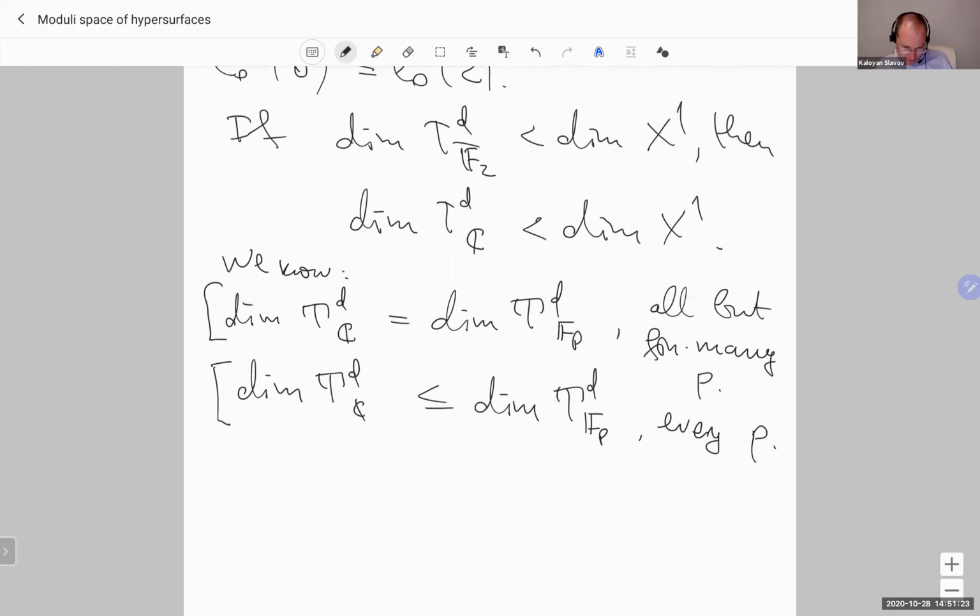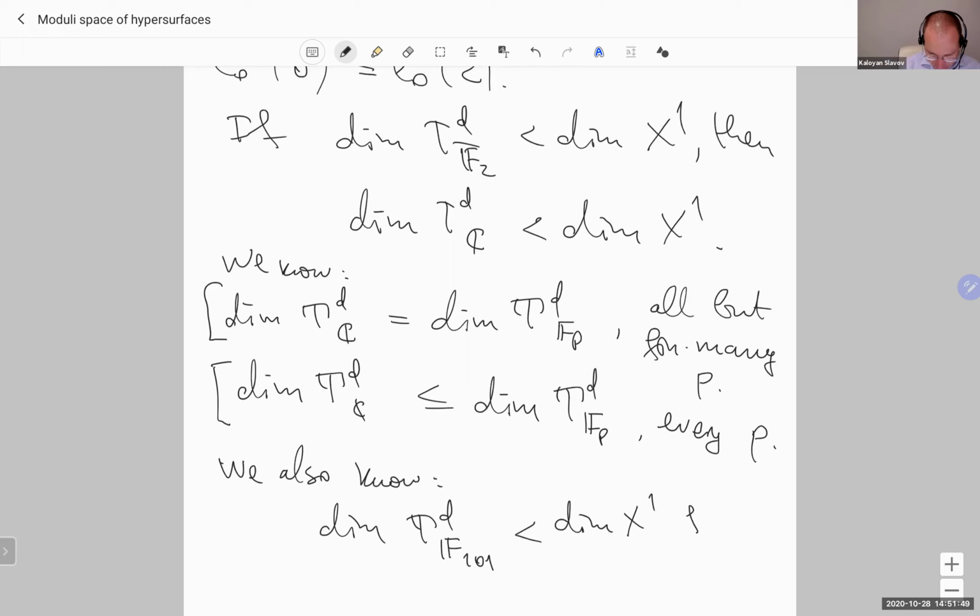The dimension of this is less than the dimension of x1. And we also know that the dimension of TD over F101 is less than the dimension of x1 only for L really large, yes? Maybe L less than 10,000.